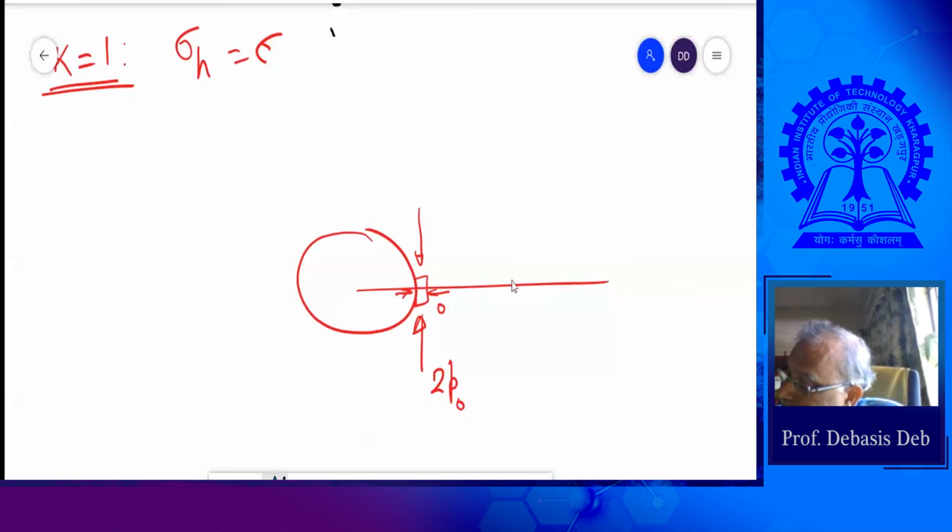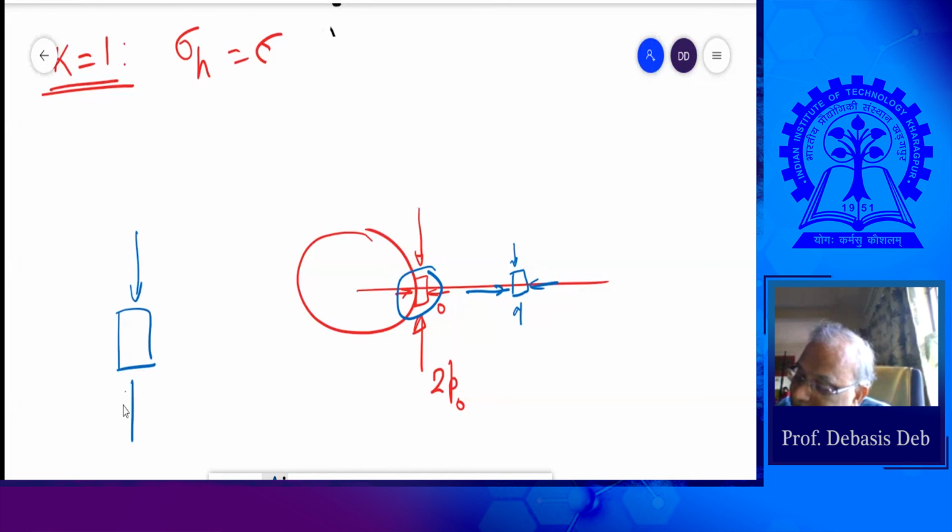Now, if an element is here, this has lowered down and this has increased. So what is happening right here is like a UCS test. Just unidirectional stress is active. And here rock may fail. It may crack. But if you go a little bit inside the rock, we have good confinement. The rock is being held by this sigma rr.